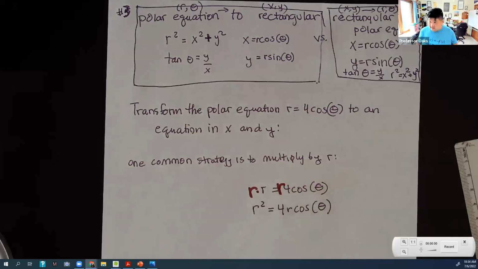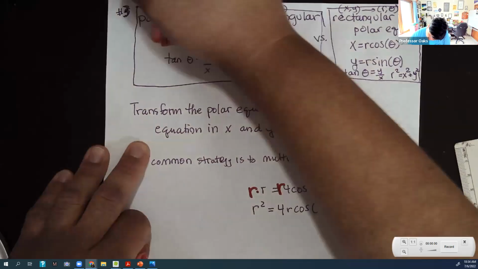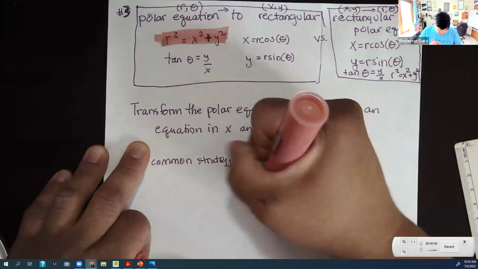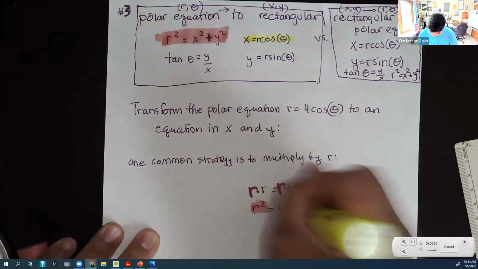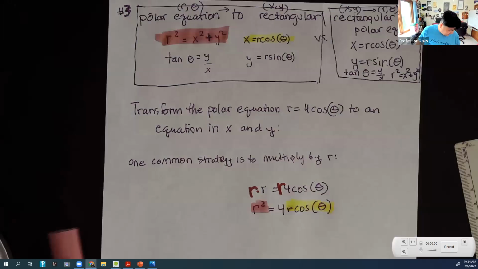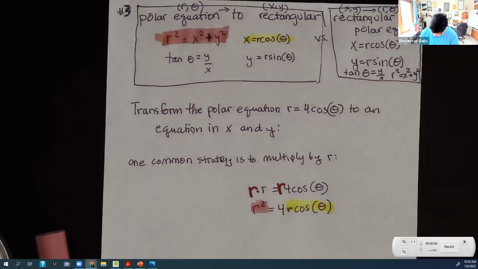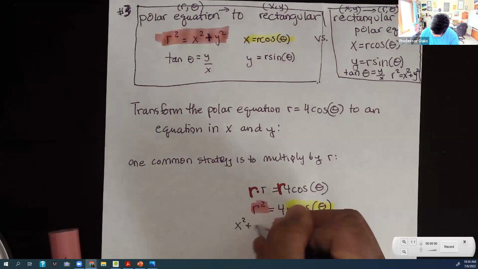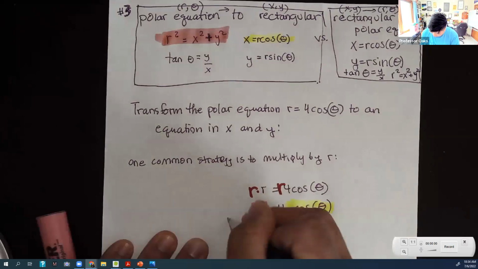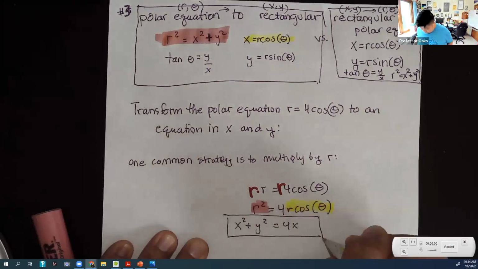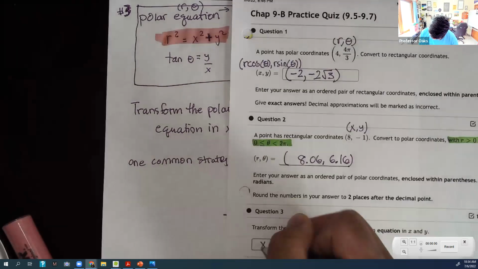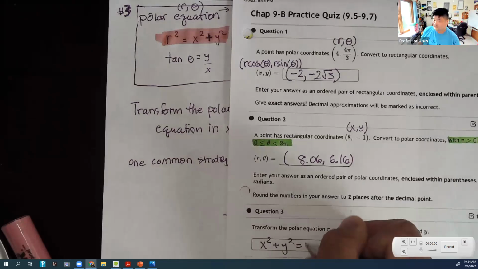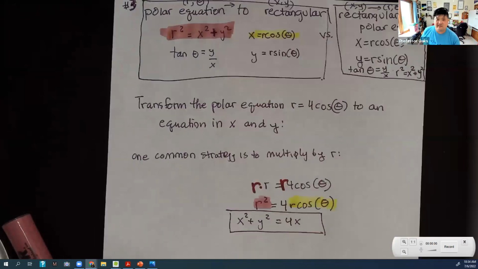And then if I look at the boxes at the top, r squared is x squared plus y squared, and r cosine of theta is just equal to x. So I can say that x squared plus y squared is 4x, and that would be the answer. Do you have any questions about that?